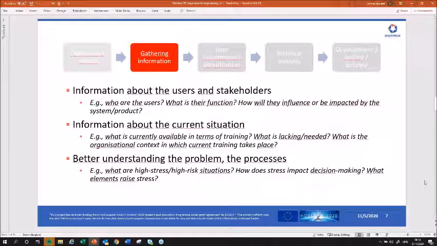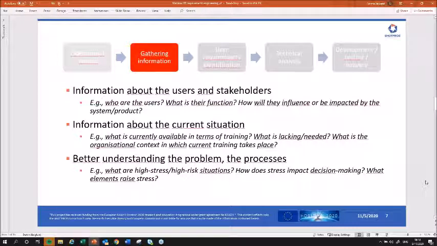In gathering information, this can be done with users. You can also use methods that you use for user requirements and user needs. You can also do other things. You can read through all the training programs that police academies have developed. You can do observations in the field and observations in training.